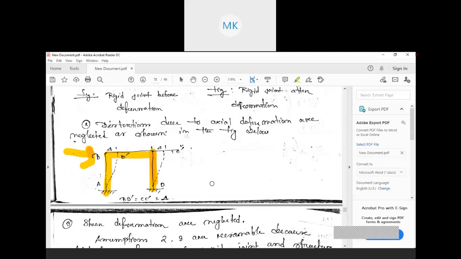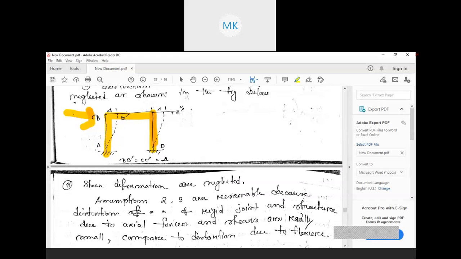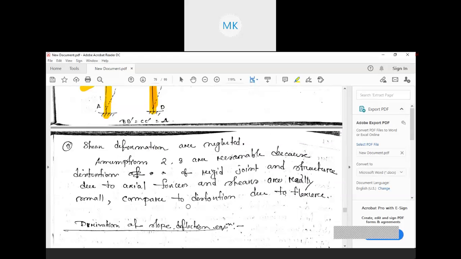But it is very small, so we can neglect it. Assumption number 3 is that shear deformations are neglected. Assumptions 2 and 3 are reasonable because distortion of rigid joints and structure due to axial forces and shears is really small compared to distortion due to flexure. This doesn't affect much, so we can neglect these deformations.